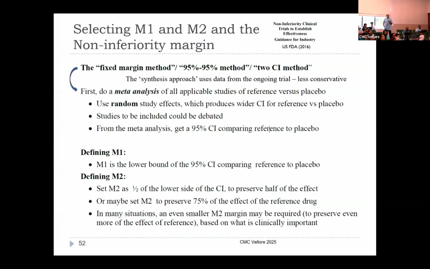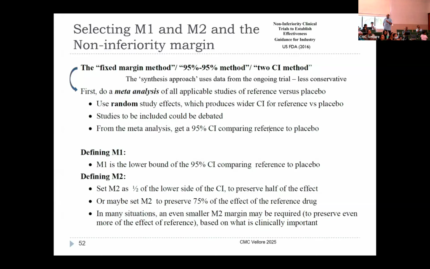So how do you determine M1? Based on the literature, usually from a meta-analysis of all applicable studies of the reference versus the placebo. And from this meta-analysis, you get the confidence interval using random study effects. You will see when Professor Tambu talks about meta-analysis, there's a difference between fixed effects and random effects meta-analysis.